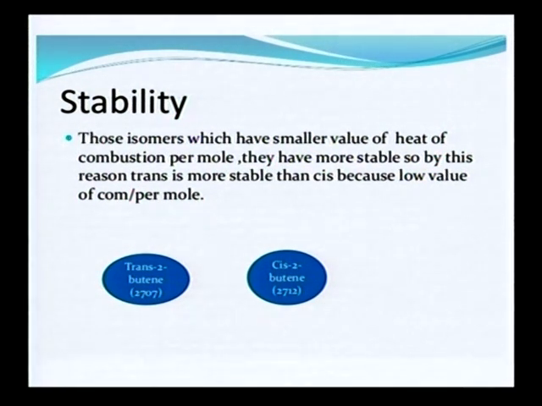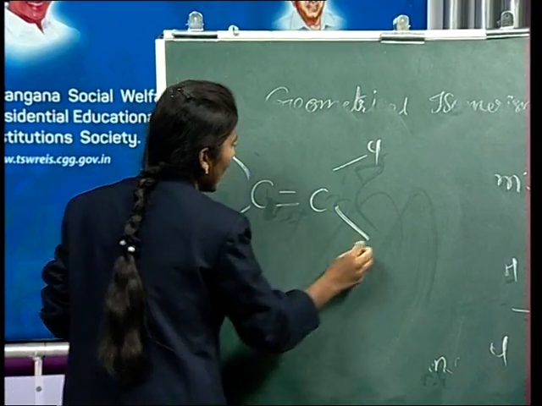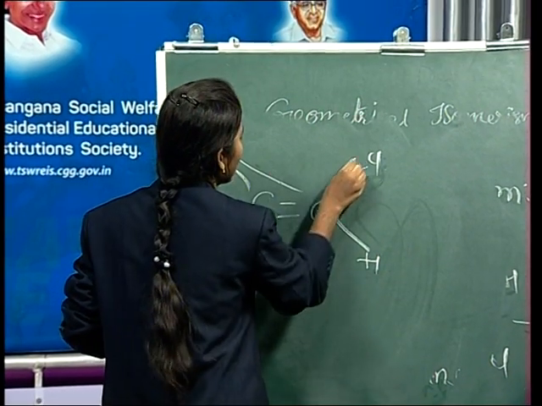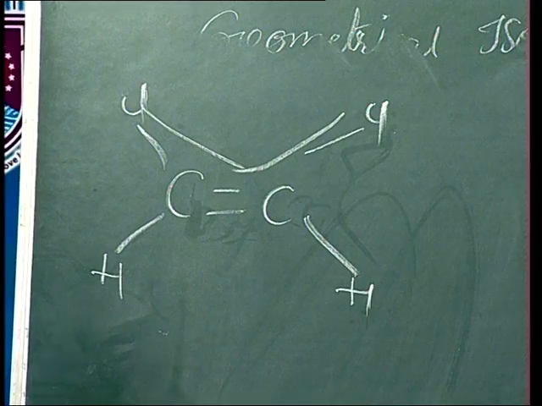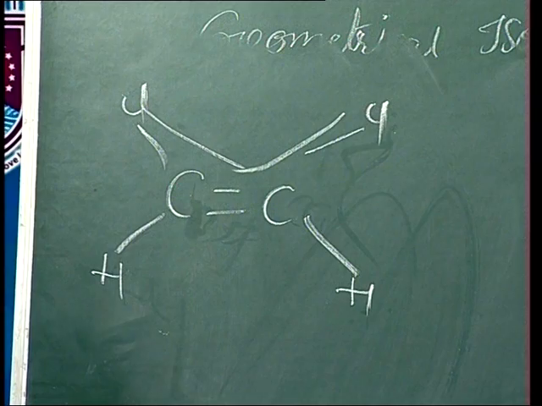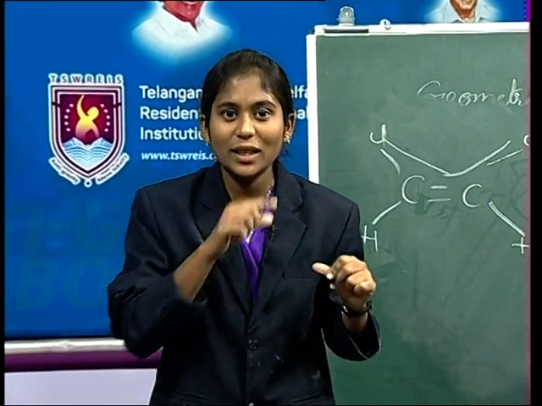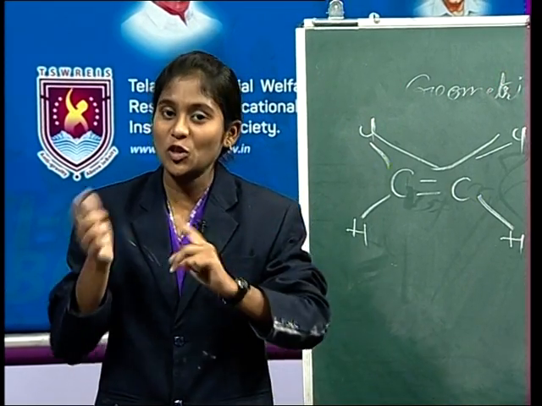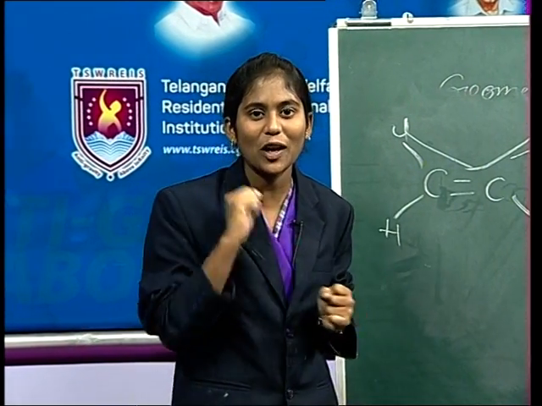In the cis, for example 1,2-dichloroethene, Cl is on one side and hydrogen on the other side. So this is a U-like structure, which is stronger than the trans isomer because of the U shape. Cis is the U-shaped one, and it is stronger than trans. Okay friends, are you following me?